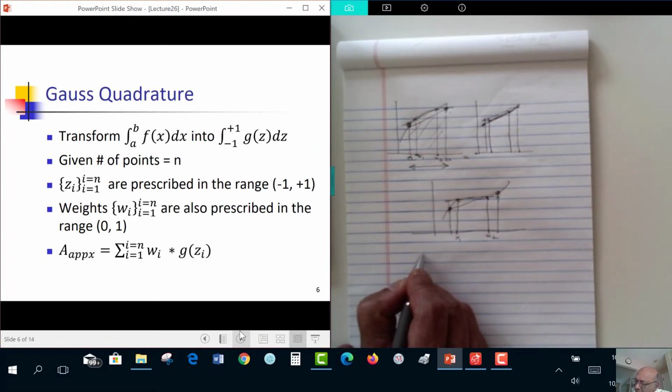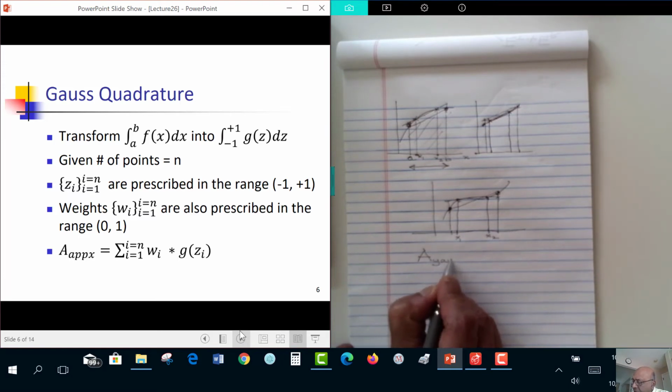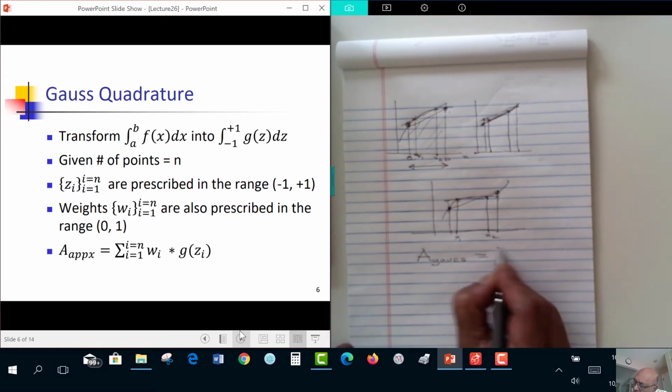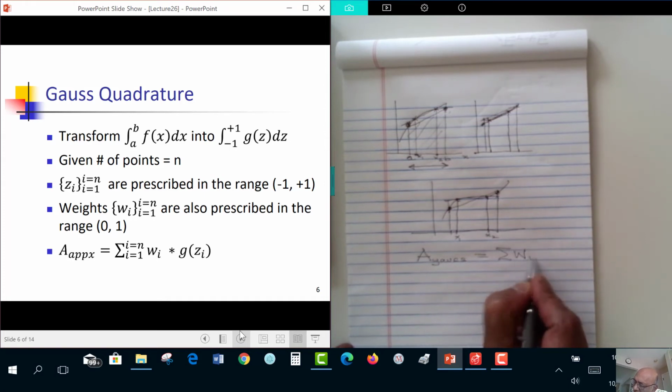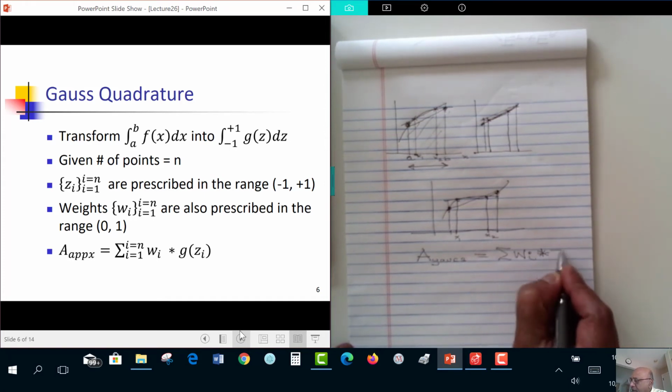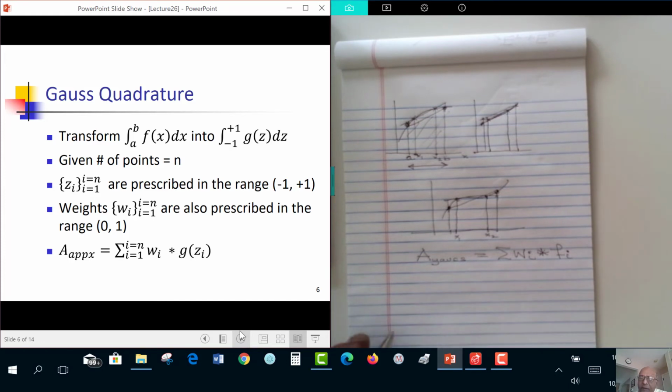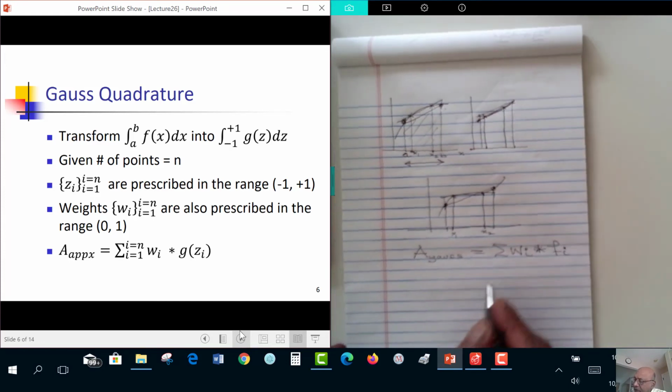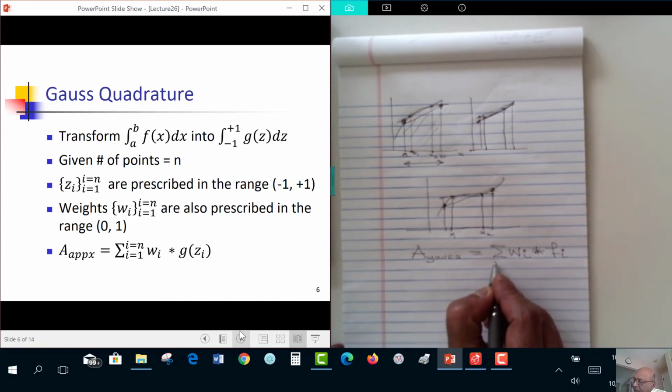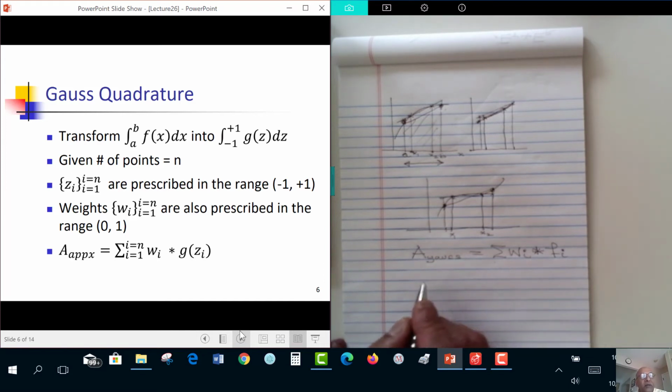So again, we are going to do area estimation using Gauss, again using a weighted sum. So we are going to do weight times function. And we'll have some points, 2 points to begin with, but we can maybe even have 1 point. So let's suppose that we want to evaluate our integral of f(x) dx from a to b.